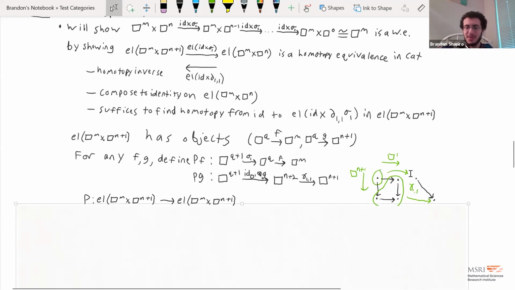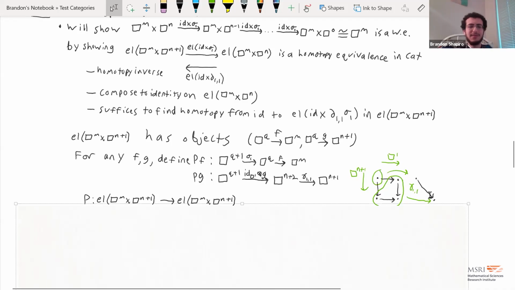And what this connection map does is, this map sends, on the left, the source copy of delta n+1 to delta n+1, which is this arrow.